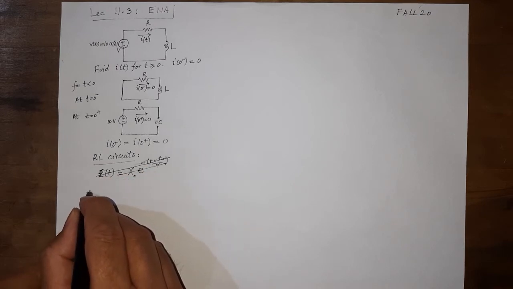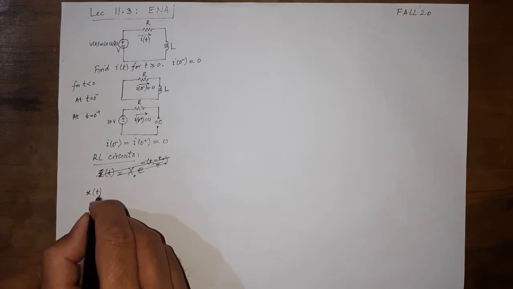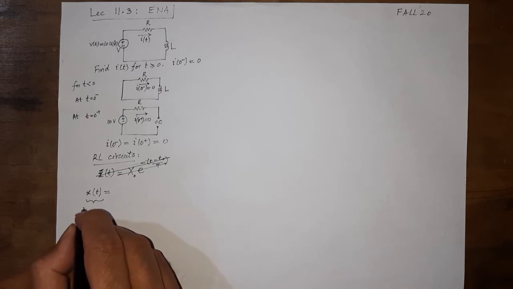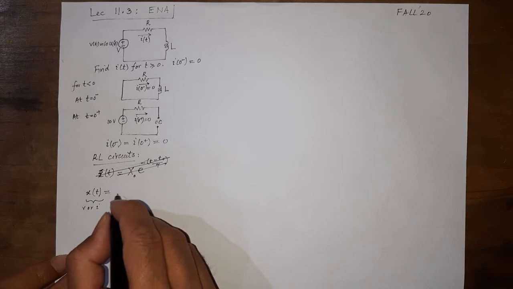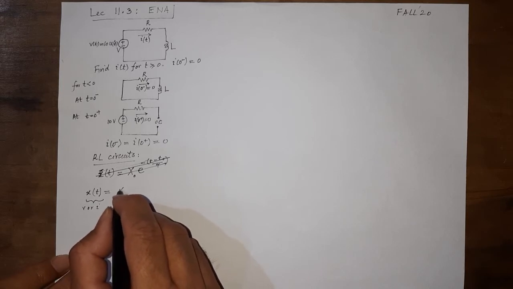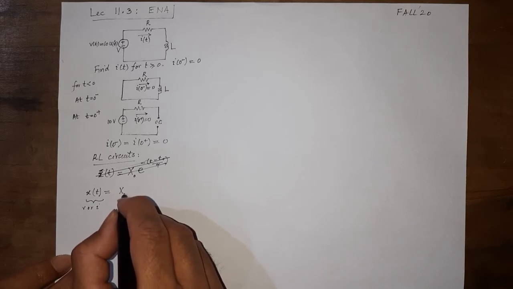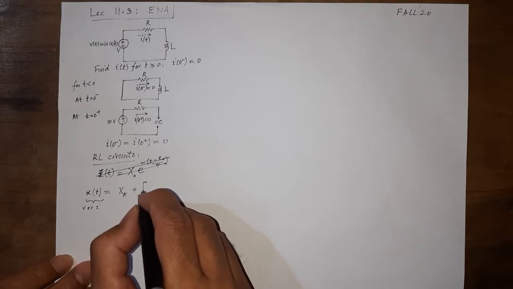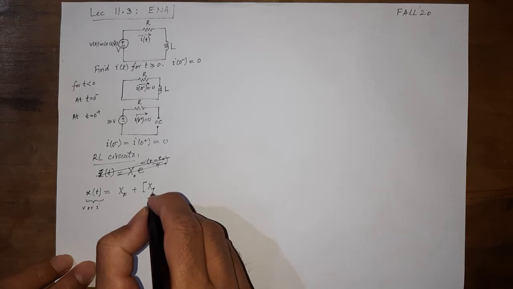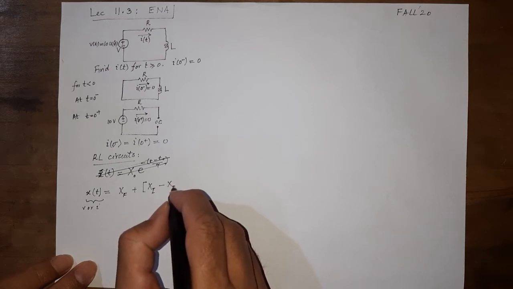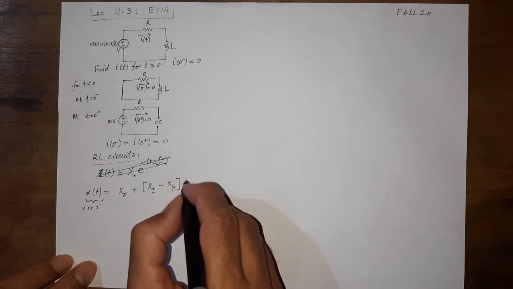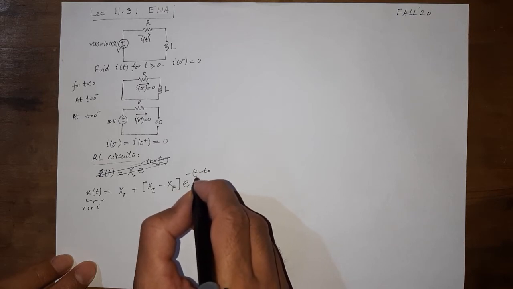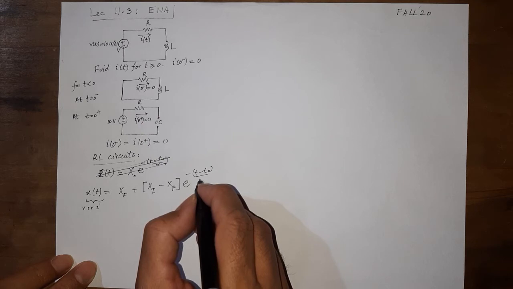If you want to find something that is a voltage or current, then you find the final value plus the initial value minus the final value, times e raised to the power minus (t minus switching time t naught) over tau.